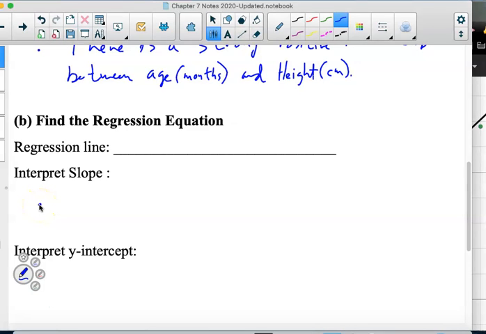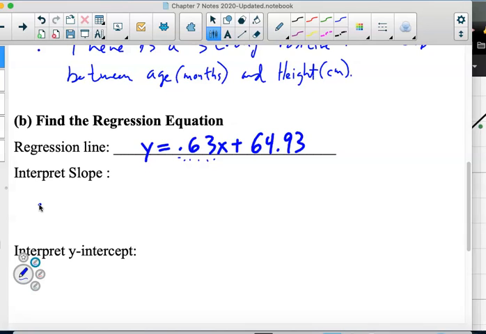And so regression line, y equals 0.63x plus 64.93. Okay? Then it says to interpret the slope. Okay? So the slope is this 0.63. And so back in the beginning of today's lesson, I said the slope represents the change in the y value for every one step in the x value.